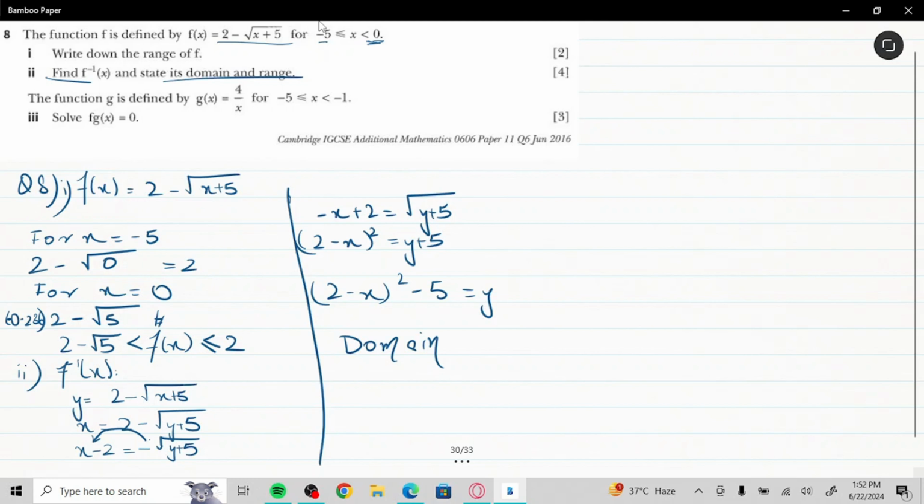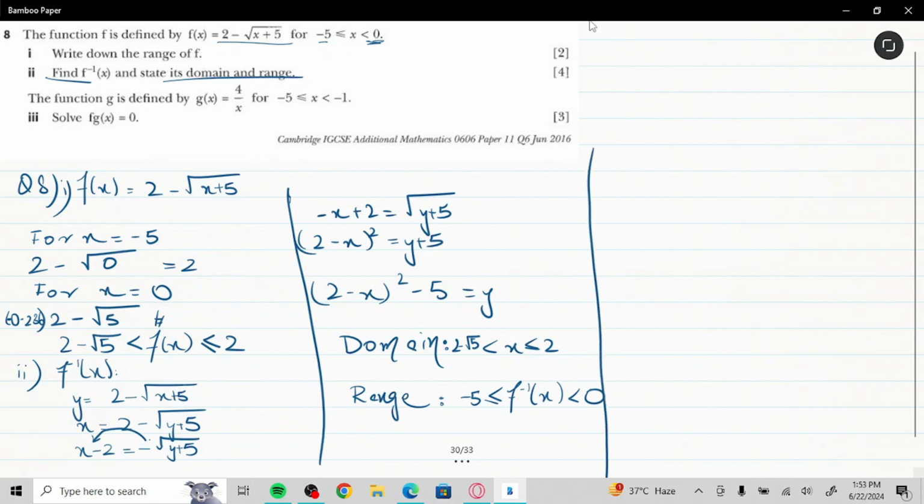So our domain is going to be x greater than 2 minus under root 5, but lesser than or equal to 2. And what is the range? It's already given in the question. So the domain is the range. For the range, we say the inverse of f is greater than or equal to negative 5, but lesser than 0. This is the domain and the range.